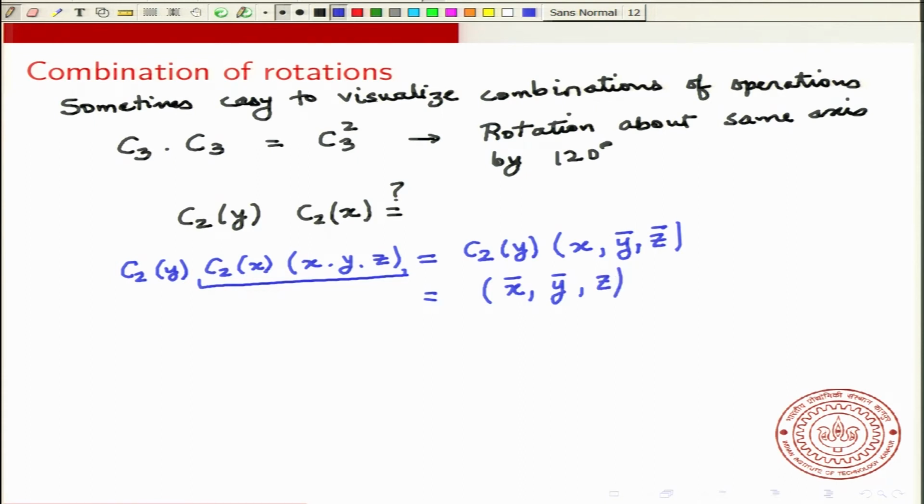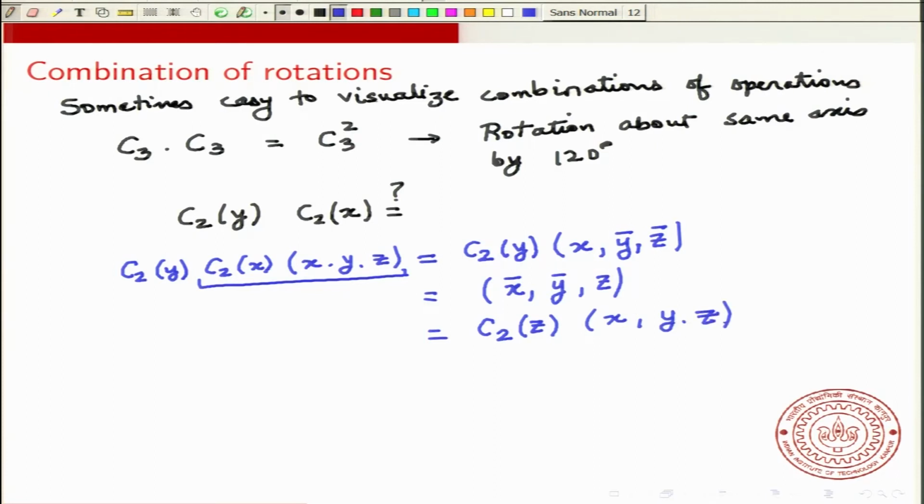And you immediately notice that here what I got is something where the z coordinate is unchanged, but the x and y coordinates have flipped sign. So, what you can see is that this is nothing but C2z operated on the original point.